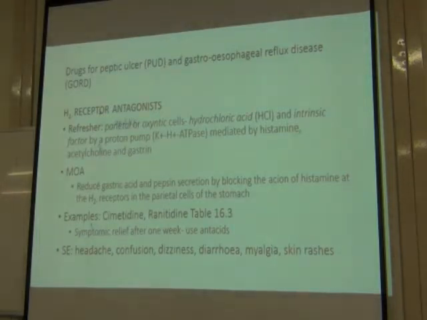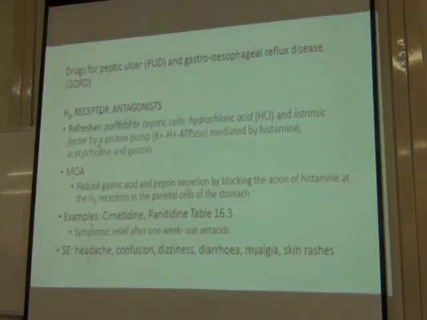Histamine would need to bind to the H2 receptor to mediate the release of hydrochloric acid through the proton pump in the parietal cells. If your H2 receptor antagonist sits on the receptor and prevents histamine from binding, then we will stop the secretion of hydrochloric acid.